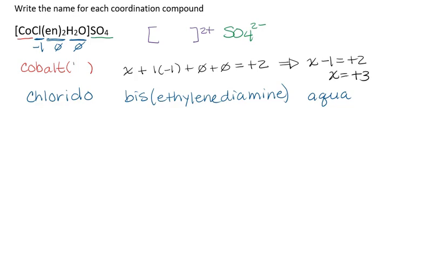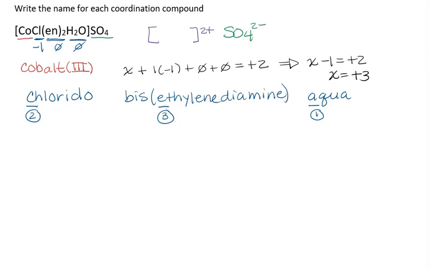That makes our metal ion cobalt 3. Now we're just about ready to assemble everything. Remember that the ligands will go in alphabetical order according to their name, not including prefixes. So we have a C, an E, and an A. So the A will go first, the C second, and E third.